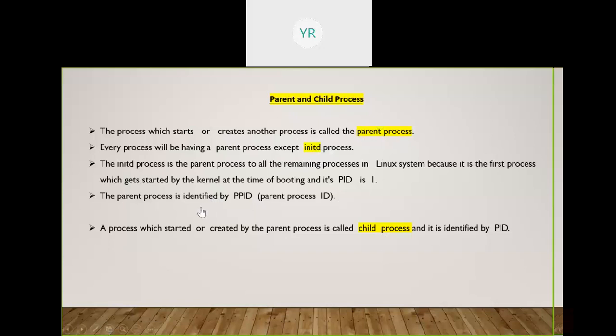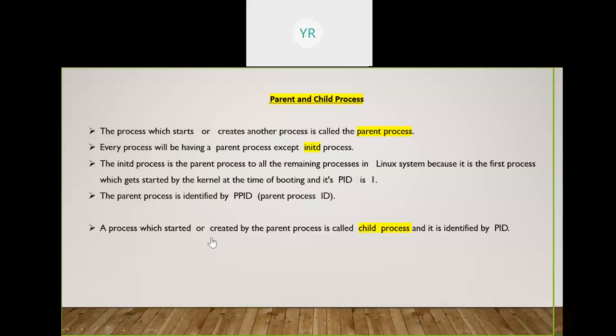The parent process is identified by ppid. Every process is identified by pid, but the parent process of a child process is identified by ppid. Ppid is nothing but parent process id. In the same manner, if a process starts another process, that process is called the parent process and the started process is called the child process.